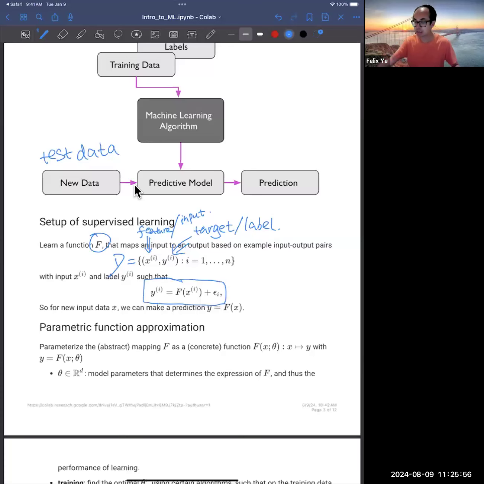In some sense, we want this epsilon to be as small as possible, in some kind of metric. We will talk about that in detail later. If we have new data x, a new testing data set, we can make a prediction y = f(x).